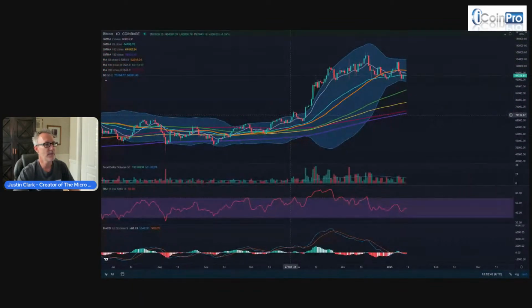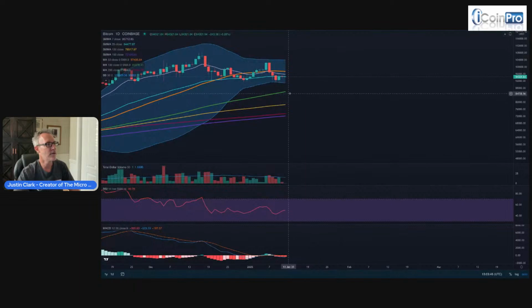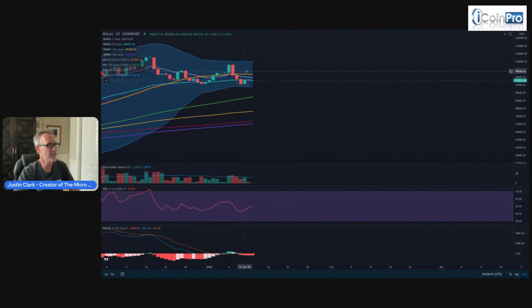We are in between again, and we have lost the top 3 moving averages. We are getting stuck under this moving average right here. That is called the smooth moving average, 25. It's just the way that it's calculated.